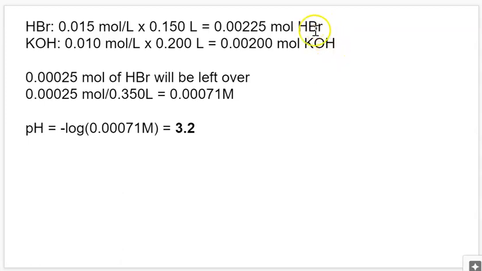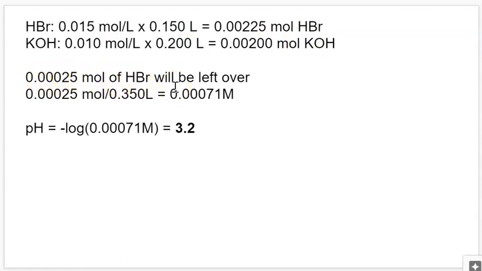This is also going to be 1-to-1 since the hydrogen ion is going to combine with the hydroxide ion to make water. So I can subtract 0.002 from 0.00225 to figure out how much of the hydrobromic acid is going to be left over at the end, which is going to be 0.00025 moles of HBr.